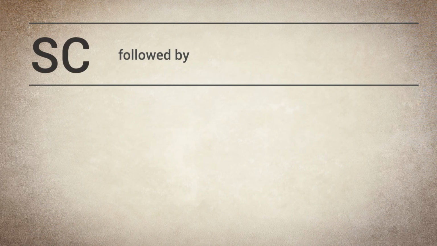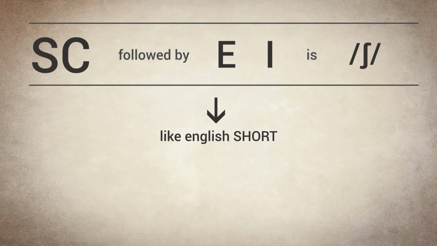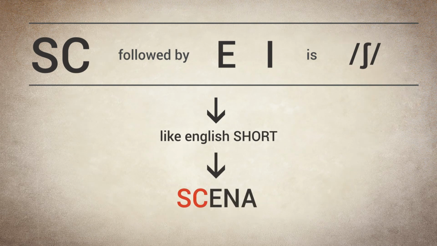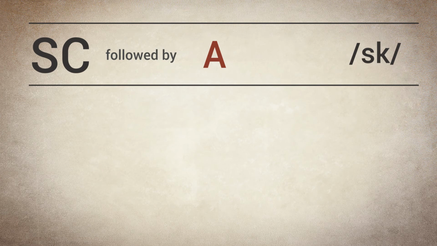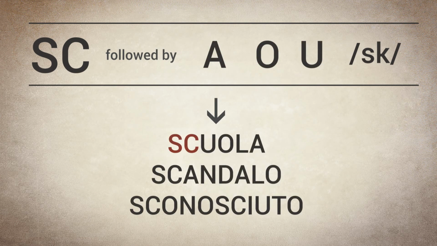SC followed by E or I is sh, like English short, as in word scena. But it is pronounced sk when followed by A, O, U, as in words scuola, scandalo, sconosciuto.